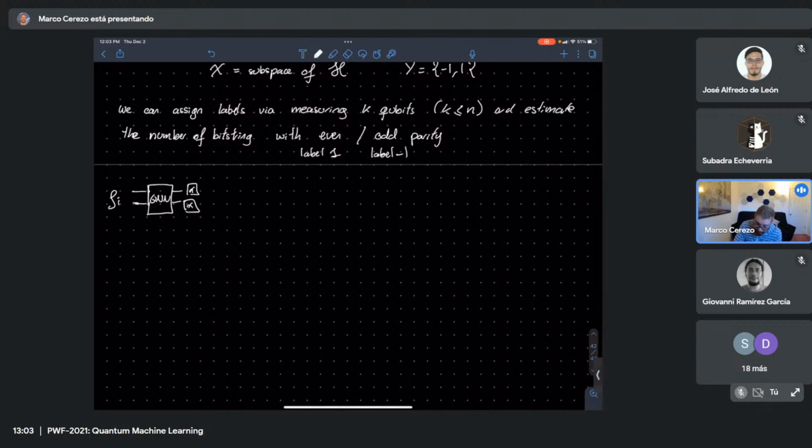What are the measurement outcomes that I can have? 0,0, and I'm going to have a number of times that I got 0,0. I can get outcome 0,1, 1,0, and 1,1, right? And those with the respective associated number of times that I got each measurement outcome. We can also divide by n and have the probability of 0,0, probability of 0,1, probability of 1,0, probability of 1,1, right? And this is just the frequencies.